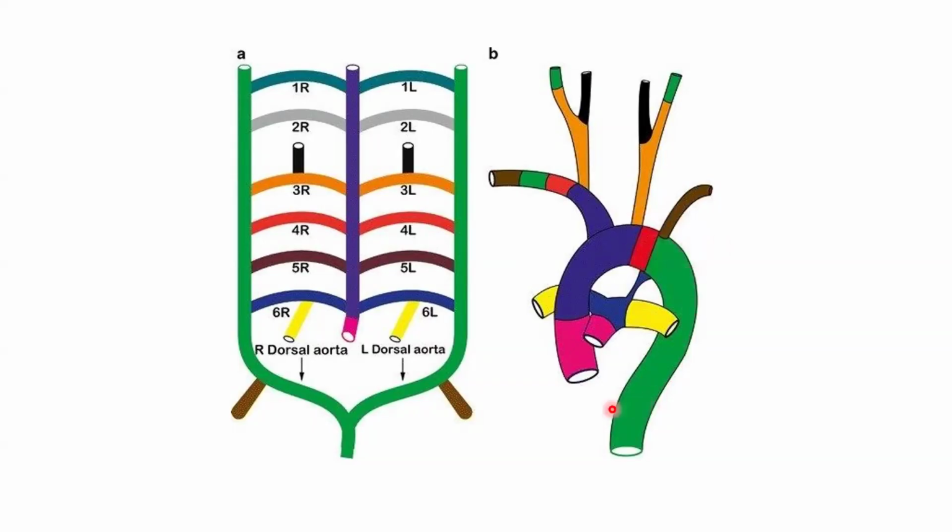And then the green part, the descending part here, is formed by the dorsal aorta. So if you have a genetic problem that affects the fourth pharyngeal arch, then you are going to have an interrupted aortic arch. An interrupted aortic arch has a type A, type B, and type C. And depending on which one has the problem, the interrupted arch will be on this side here, or the interruption will be here.